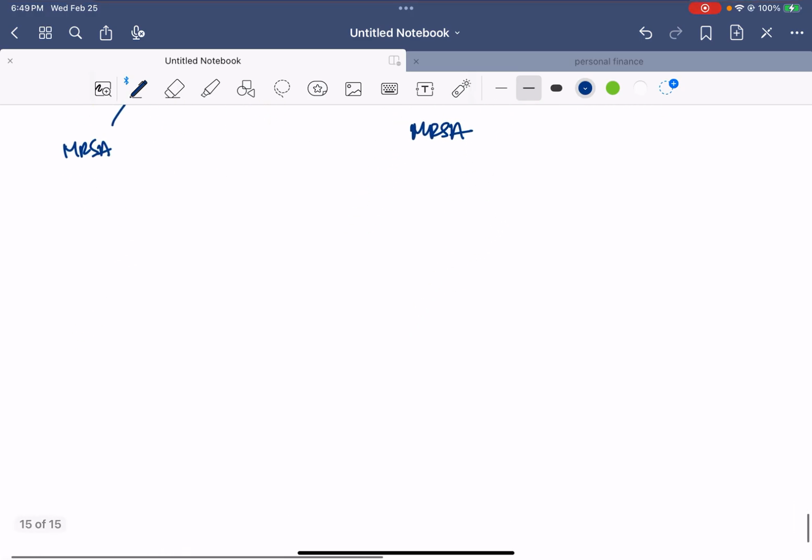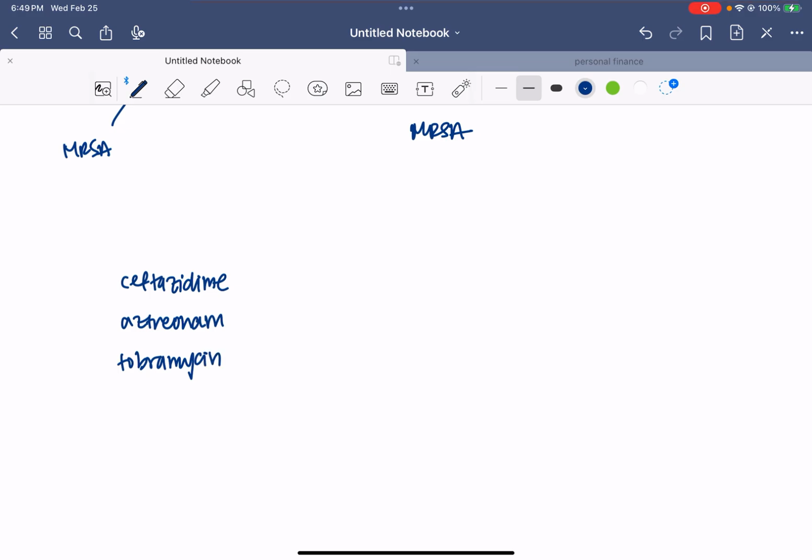Then you also have ceftazidime, aztreonam, tobramycin, and amikacin, which cover gram-negative organisms like PEK, Neisseria meningitidis, and Haemophilus influenzae, and Pseudomonas.